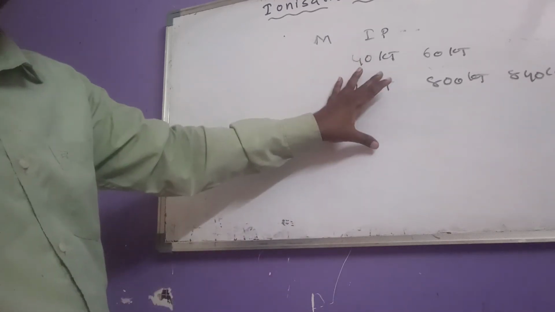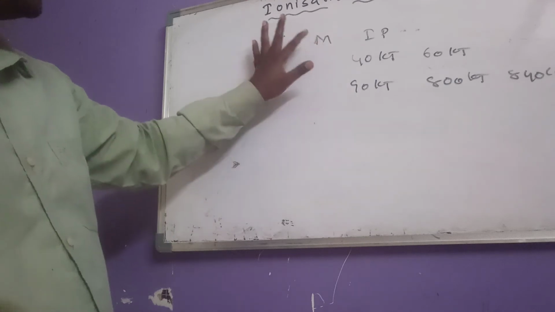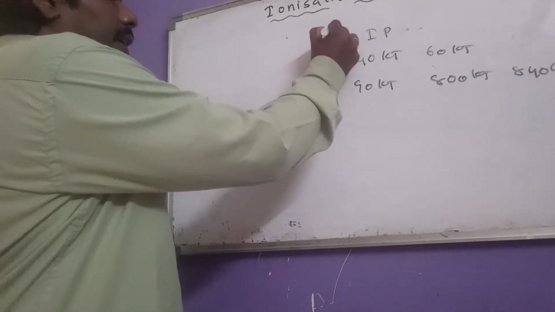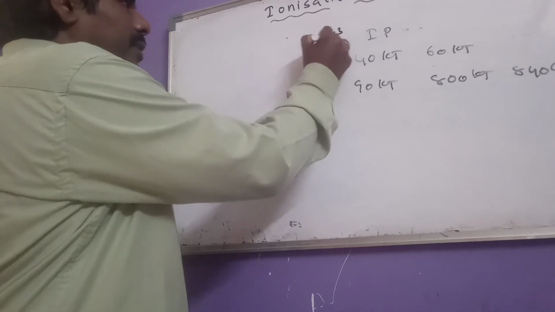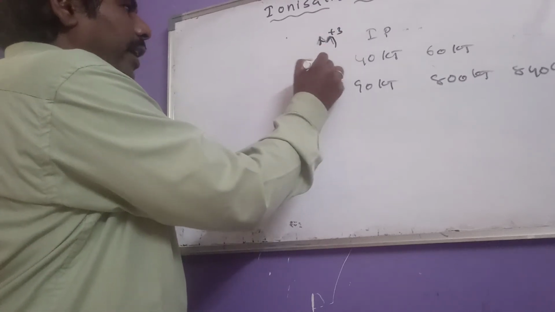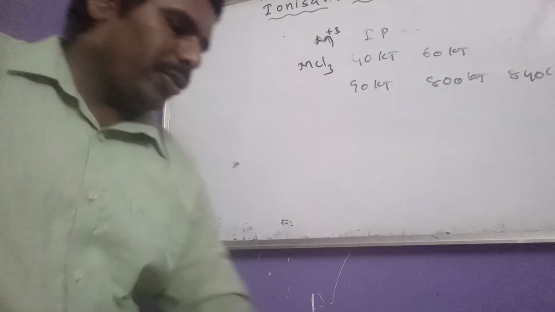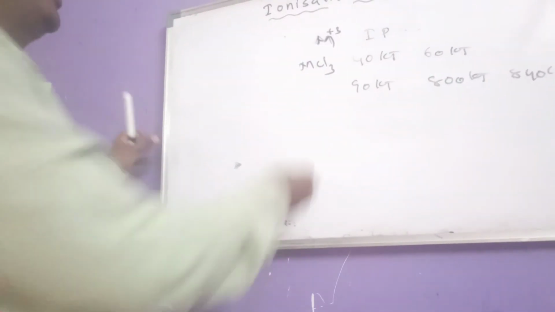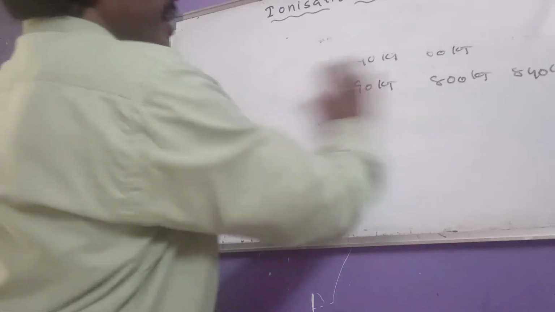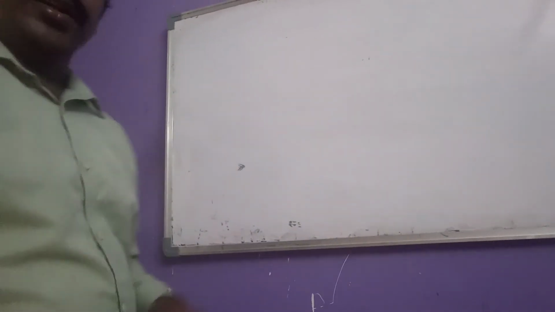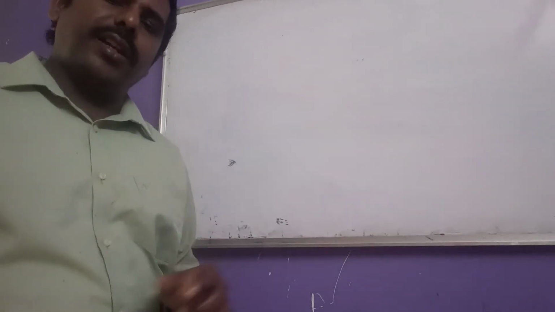So this suggests that M belongs to third A group, and its valency is M plus 3. Therefore its chloride formula is MCl3. So this is regarding ionization potential, its variation in a group and in a period, and writing the formula using the ionization potential values.